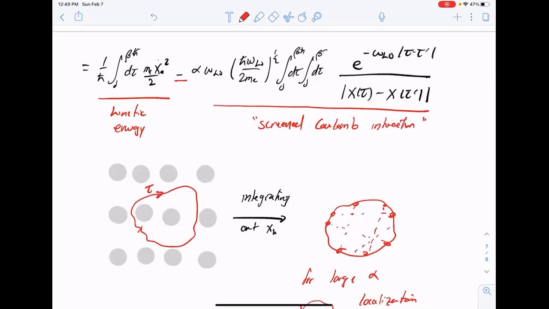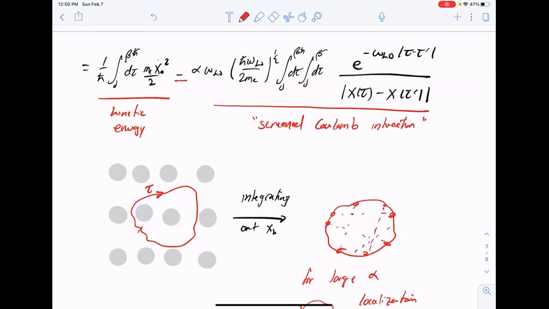And the effect of that back action is to act to localize it. I think there's an intuitive understanding in terms of electrostatics. The electron polarizes the lattice. That polarization generates its own field, which is favorably back acting on the electron. And to the extent that that interaction is large, the electron will essentially localize in space.